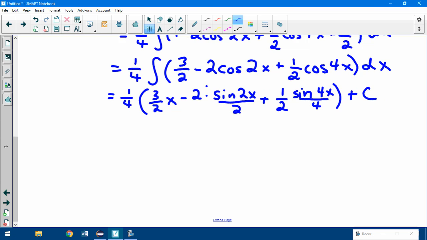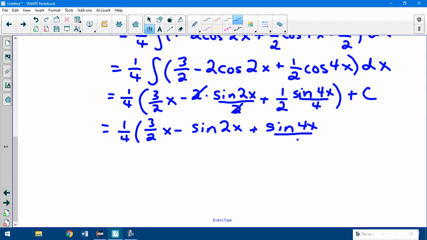There's a lot going on here. The 2's cancel here. So I have 1/4 times 3/2 x minus sine of 2x. If I multiply this 1/2 in, it's a plus sine of 4x over 8 plus c. And finally, I can distribute that 1/4 through.